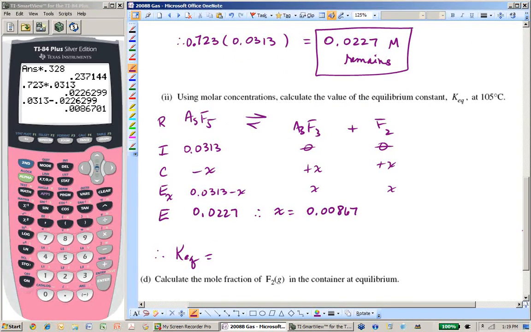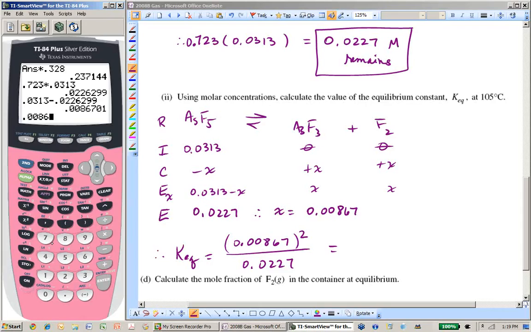So Keq is equal to 0.00867 quantity squared. In other words, x times x, x squared, over the 0.0227 they had me figure out a bit ago. And that comes out to be 0.00867 quantity squared divided by 0.0227, and that's 0.0033.